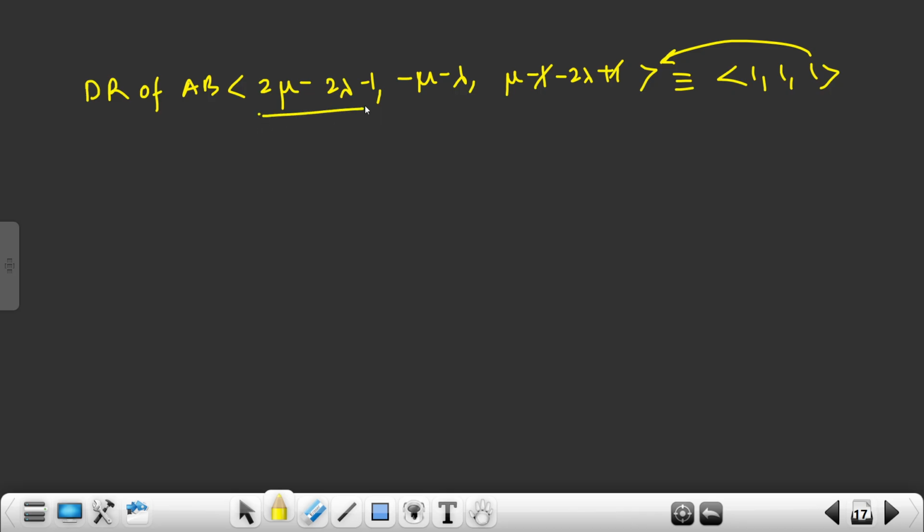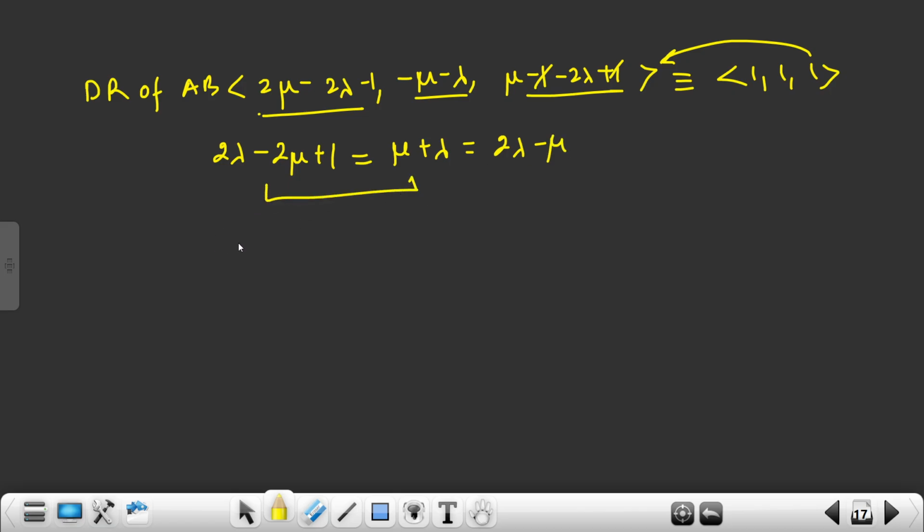So basically this and this values are equal. So 2 lambda minus 2 mu plus 1, taking minus common, equals mu plus lambda, equals 2 lambda minus mu. If I equate this, what will I get? Lambda plus 1 equals 3 mu. And if I equate this, what will I get? 2 mu equals lambda, right?